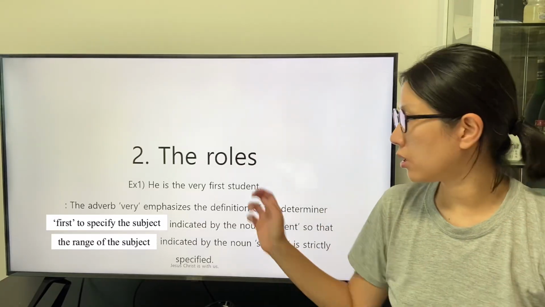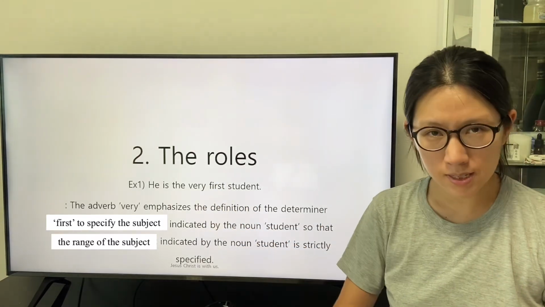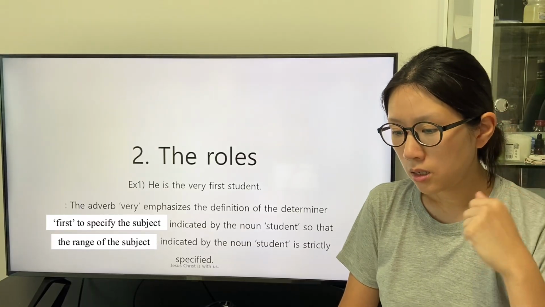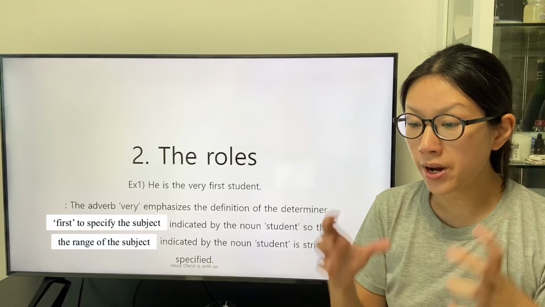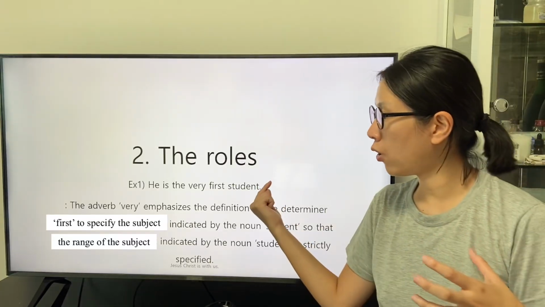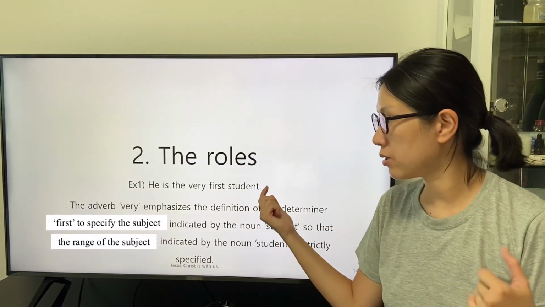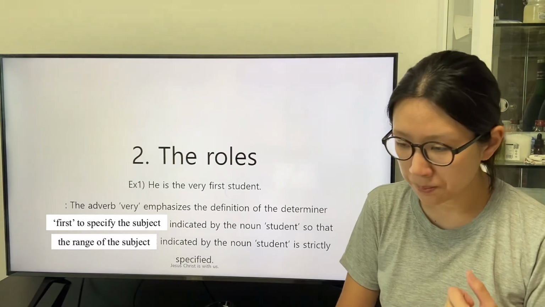The definition of the determiner first is to set the predetermined range of the indication by the general noun student.